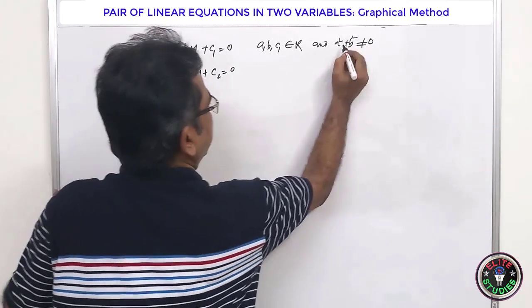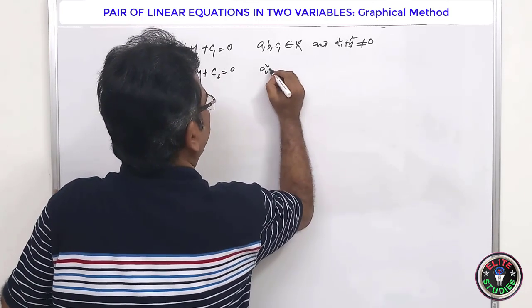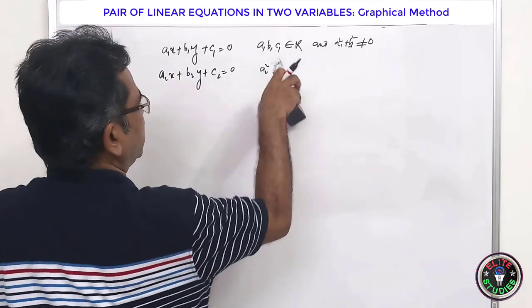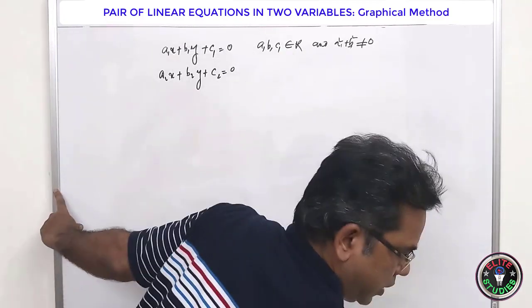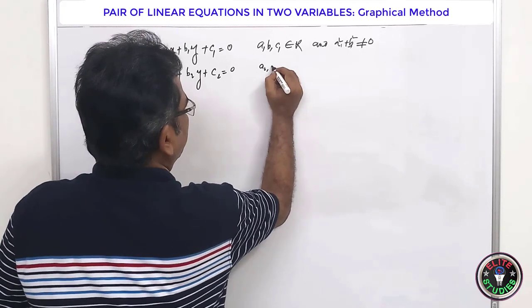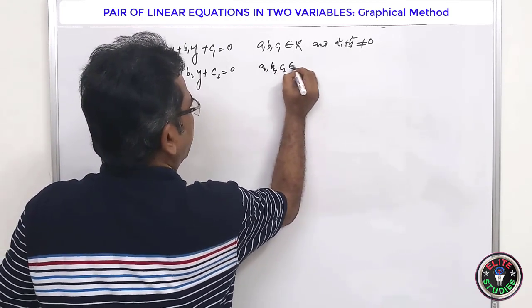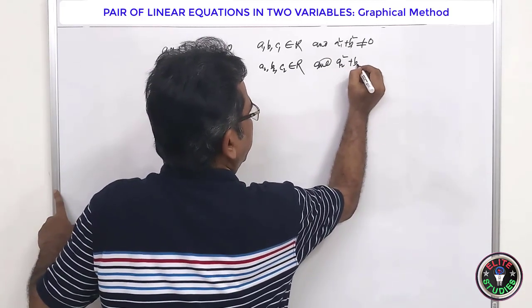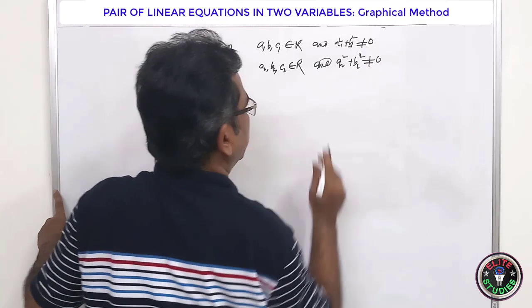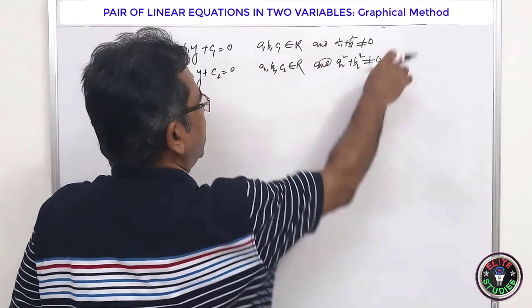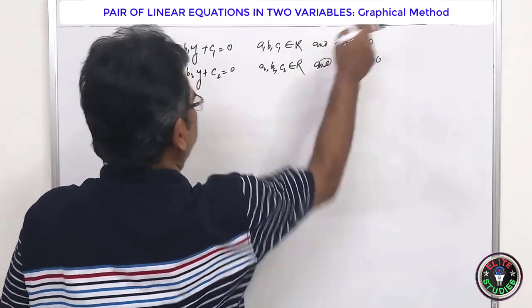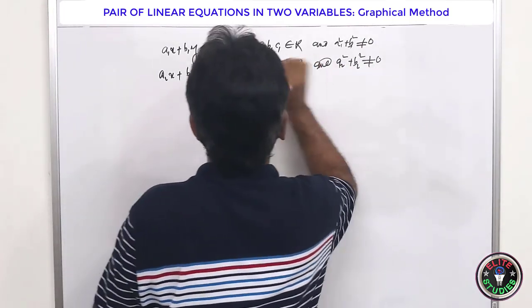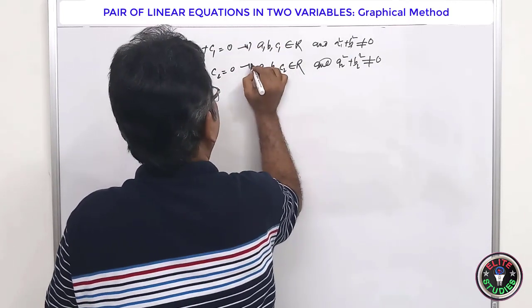Similarly, the same condition here: a2, b2, c2 belong to real numbers and a2 square plus b2 square is not equal to 0. In the next class I will make this clear, why this condition is required. But now let us focus on this. This is equation 1 and this is equation 2.